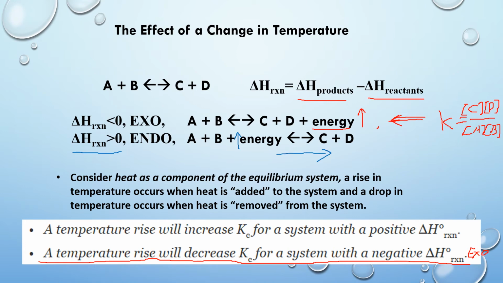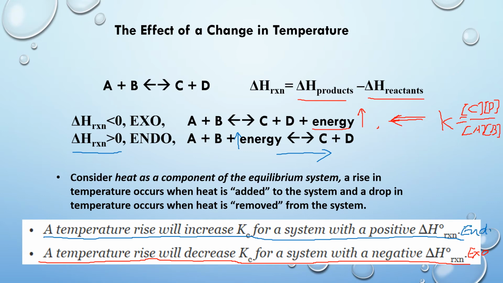That will increase the amount of C and D and decrease the amount of A and B. So increasing temperature will increase the equilibrium constant, the Kc value, for a system with a positive delta H of reaction, which is an endothermic reaction.